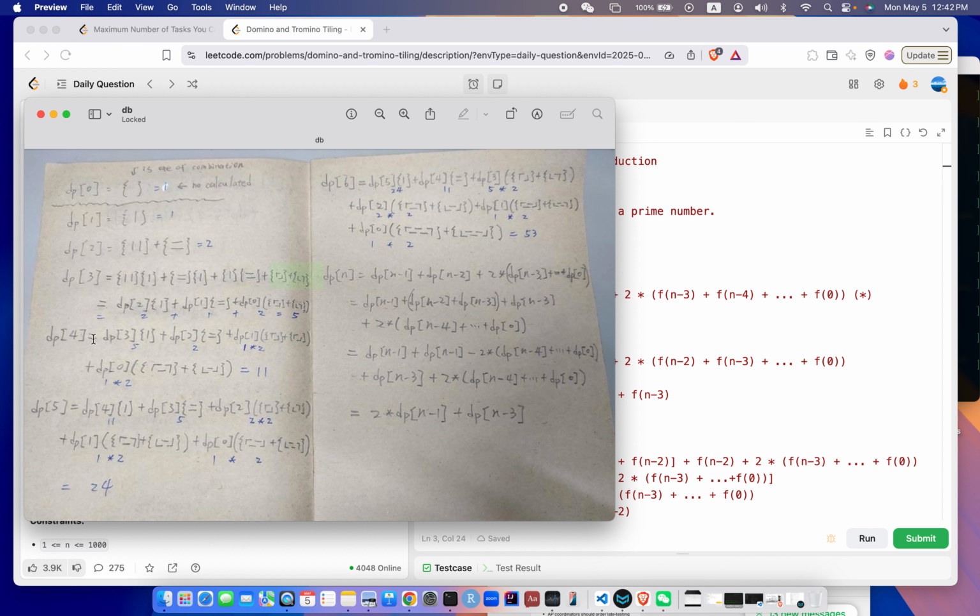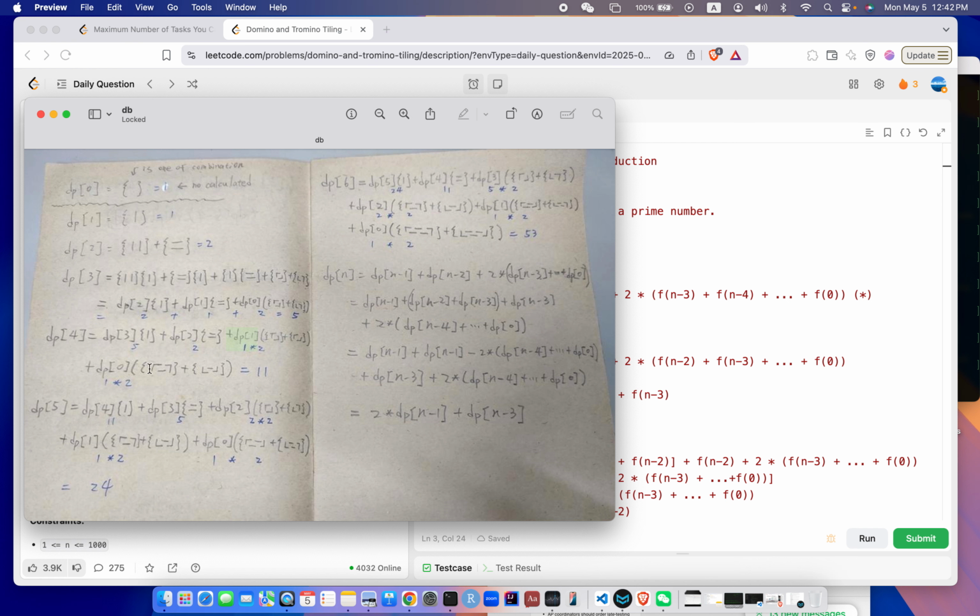And for dp4, you can do the same thing, right? If the last column is a vertical domino, you should multiply by dp3. And if the last 2 are 2 horizontal dominoes, you should multiply by dp2. If the last 3 are 2 Triminos, these are the 2 possibilities, and then 4 minus 3, that is 1, you should multiply by dp1.